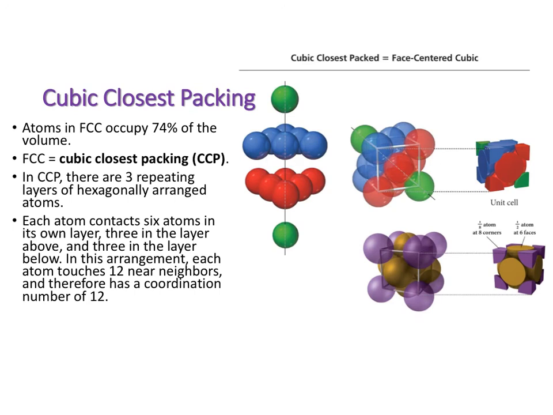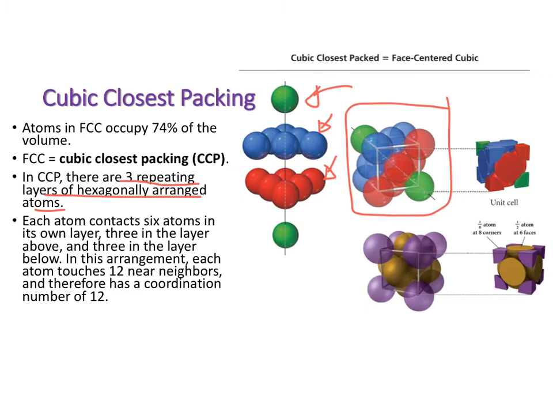So something interesting about the face-centered cubic is that it's actually considered cubic closest packing. So in cubic closest packing, you have 3 repeating layers of hexagonally arranged atoms. So you can see here these 3 layers, the green, the blue, and the red. Now if you turn it over and arrange it the way that a face-centered cubic cell is arranged, you are able to see the 3 different layers.